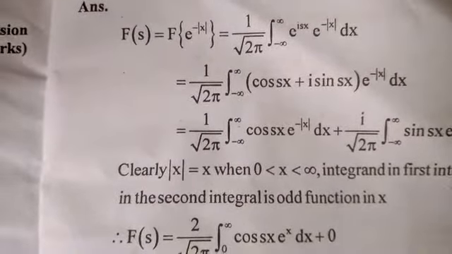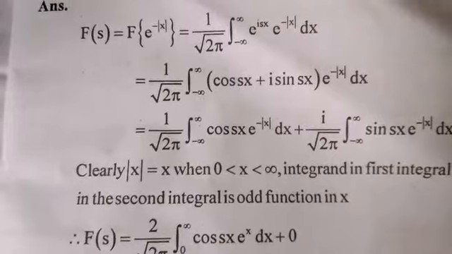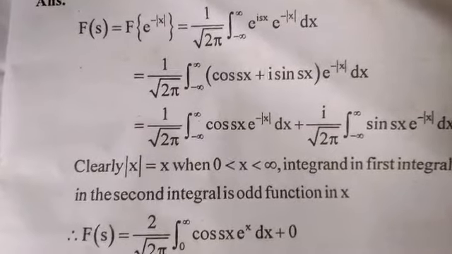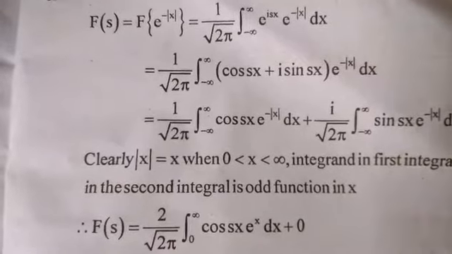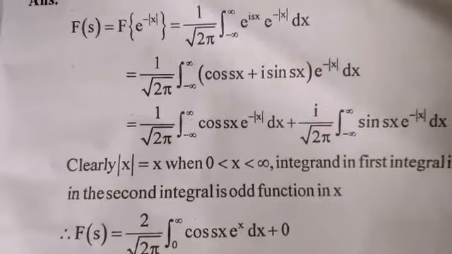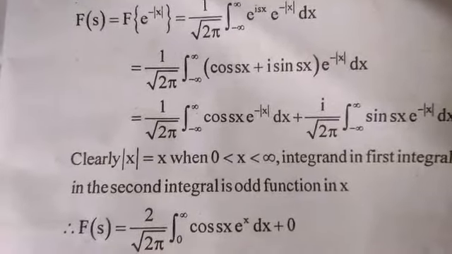So this equation further is equal to 1 by square root of 2 pi integral from minus infinity to infinity (cos sx plus i sin sx) into e to the power of minus absolute x dx. Here we know the expansion of e to the power of isx can be written as cos sx plus i sin sx.